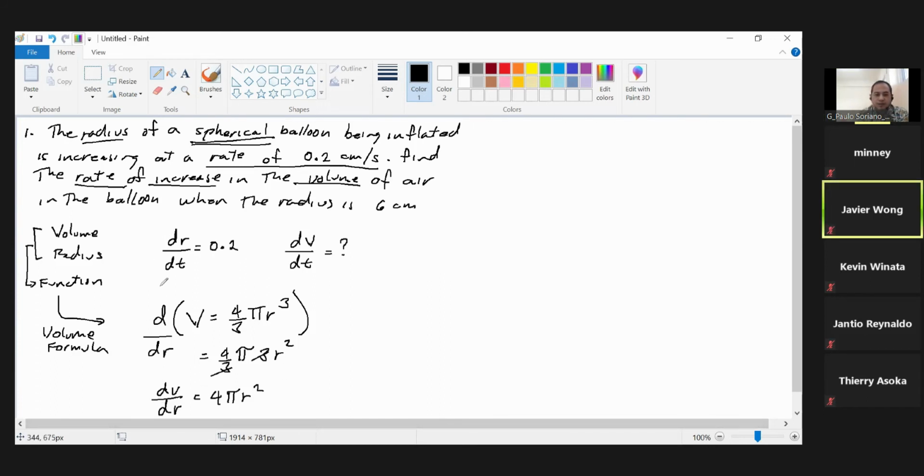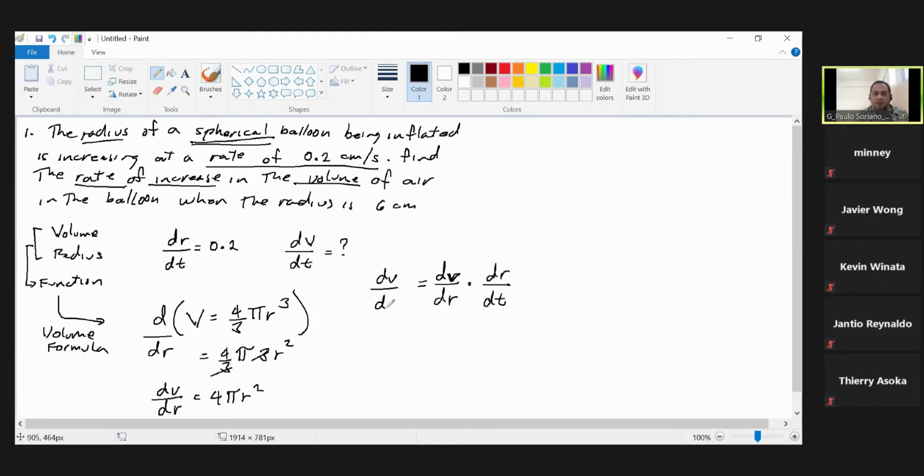Now we can relate the three together, starting with dV/dr. If I write dV per dr over here and multiply it with dr on top, which is dr per dt, the dr will cancel, giving us dV per dt. It's the same idea as a while ago. Just substitute the information that we have. We are looking for dV/dt, so that will remain the same.